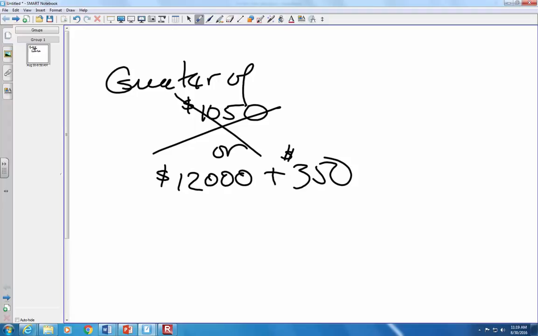63. So what was his taxable income? How much was his TI then? What is TI? AGI minus the greater of standard or itemized, minus exemptions.